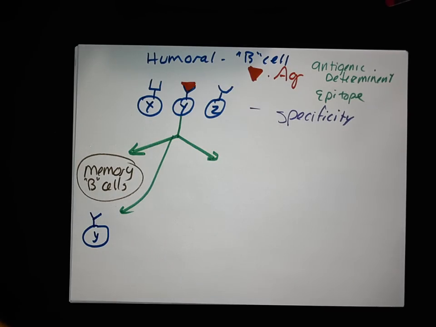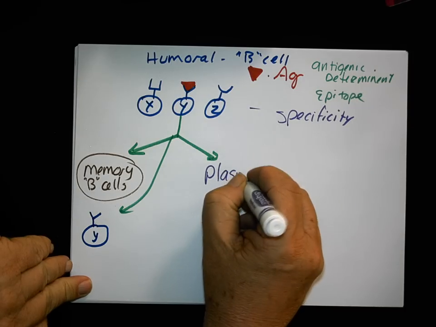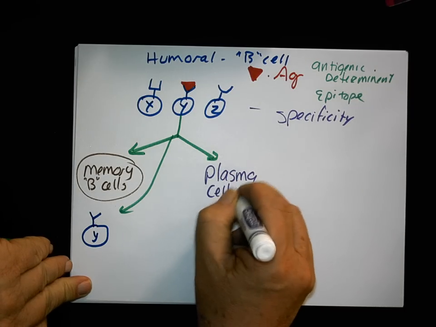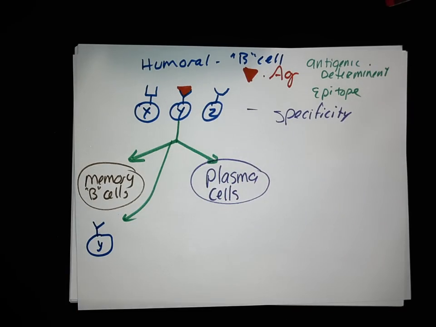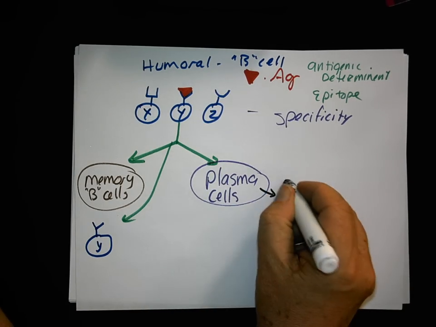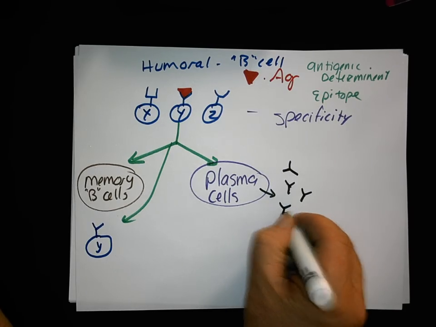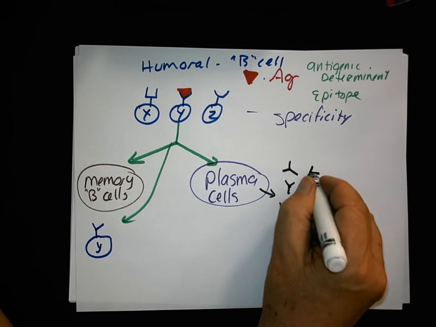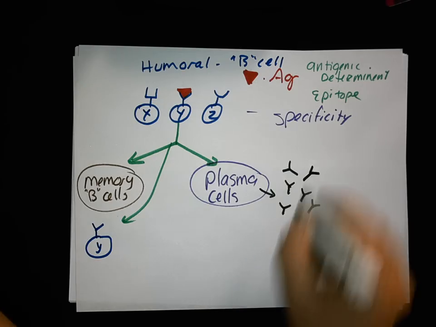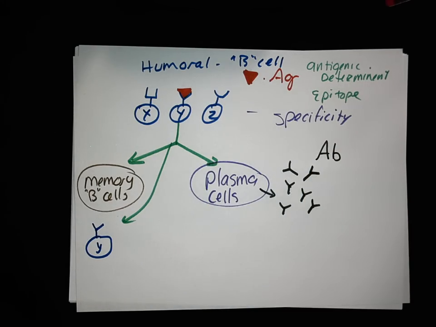The next cells produced are plasma cells. Plasma cells function to produce antibodies, designated capital A, lowercase b.